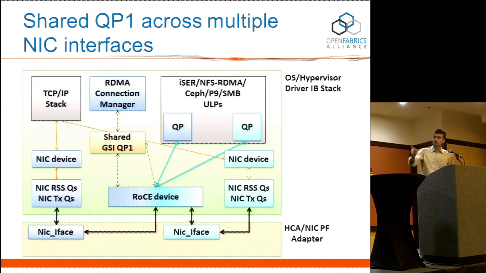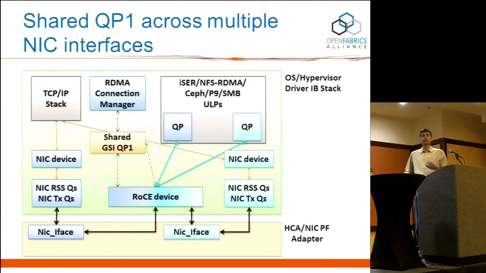One in the shared GSI QP model, in this particular case for a specific OS. Whenever the GSI QP is created, they are bound to only those NIC interfaces. It can accept packets only from those NIC interfaces which belong to this PF or VF. Meaning, if I get a GSI packet which does not belong to this VLAN, the adapter is going to drop it.